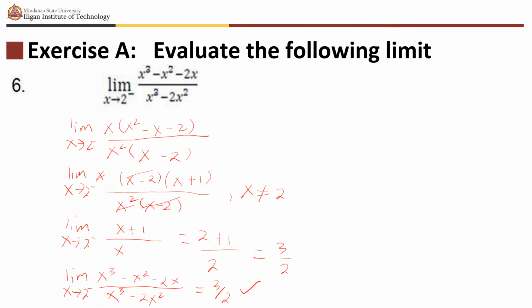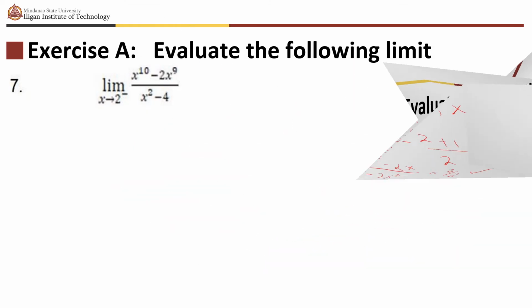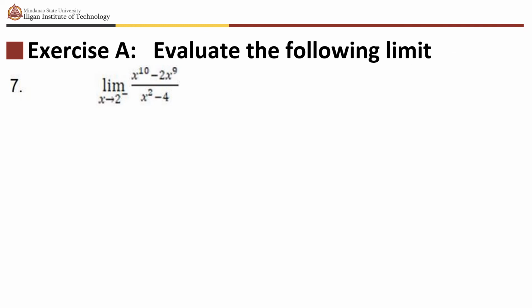Now we have the last exercise here. That is the limit of x to the 10th minus 2x to the 9th all over x squared minus 4 as x approaches 2 from the left.